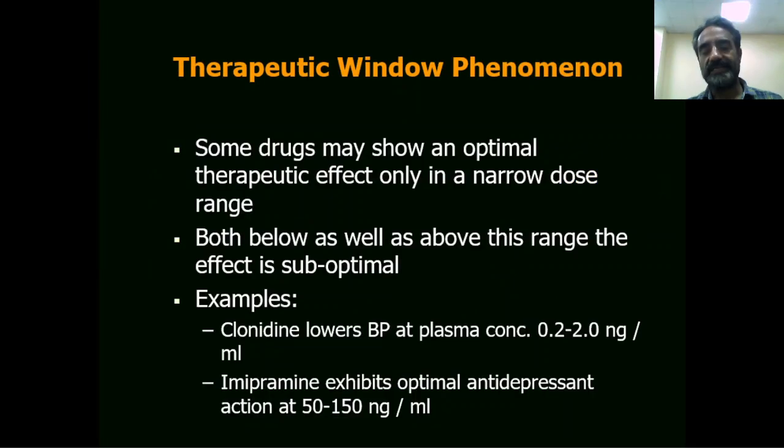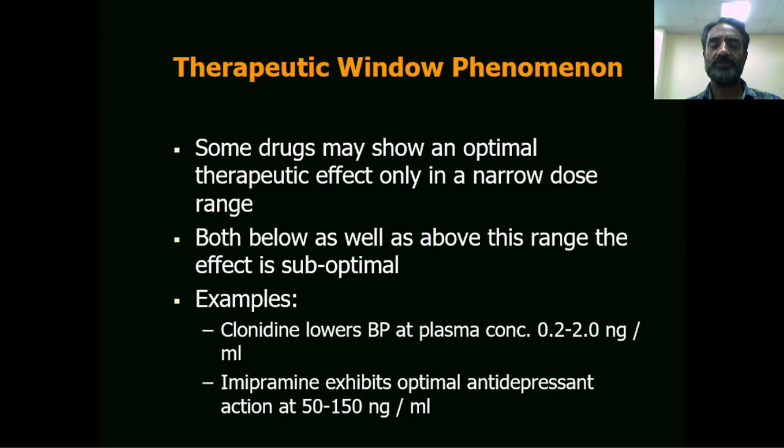Lastly, there is another term, the therapeutic window phenomenon. You may get confused between these three terms, so please remember them: therapeutic index, therapeutic range, and therapeutic window phenomenon. Now the therapeutic window phenomenon is not related to the toxic effect. It is related to the optimal therapeutic effect only.